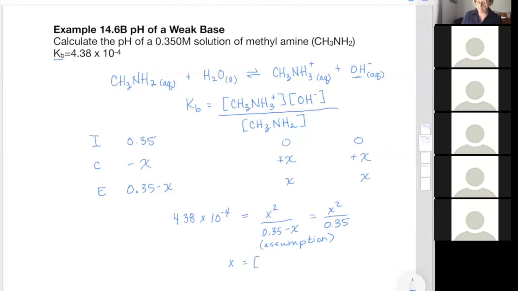And that's going to be equal to both the OH and the CH3NH3 plus. Hopefully, if you calculated this on your own, it was found to be 0.0124 molar.